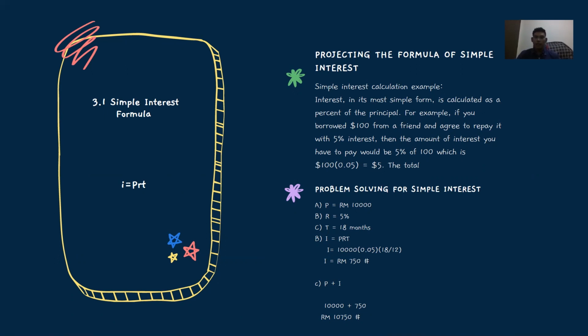C, calculate the amount that Maisara has to pay at the end of 18 months. So you take the original amount plus interest, and the total you get is 10,750 ringgit.